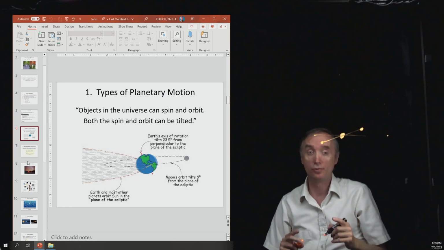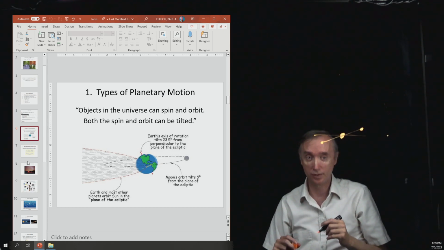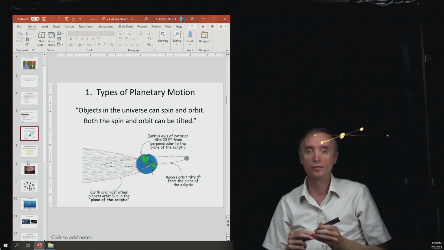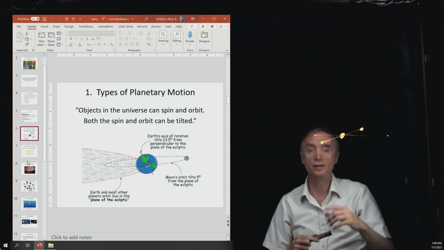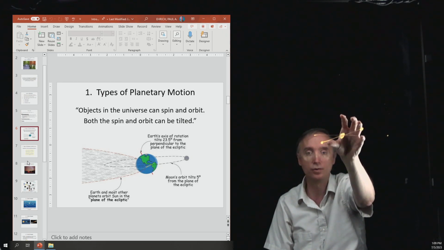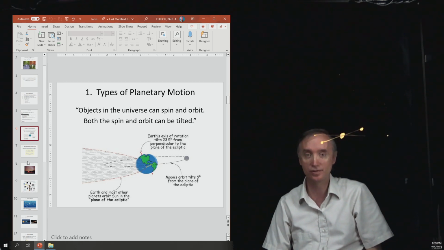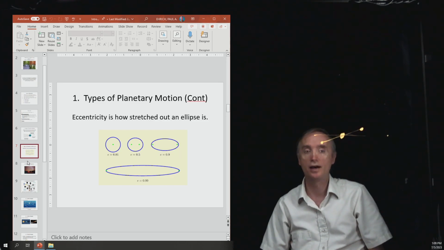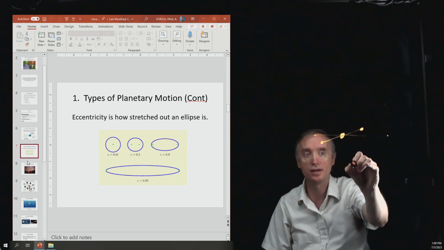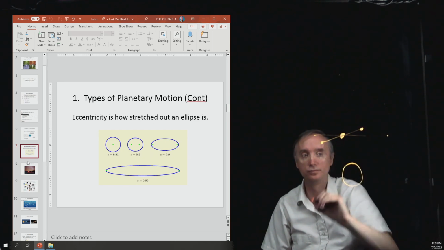But this is going to be very important when we talk about the moon, because it's going to explain some stuff which we'll talk about in just a moment. Okay, another thing would be the speed of the orbit as it goes around, the tilt of the orbit, and the eccentricity of the orbit. So that eccentricity varies between 0 and 1. An eccentricity of 0 means that it's a perfect circle.